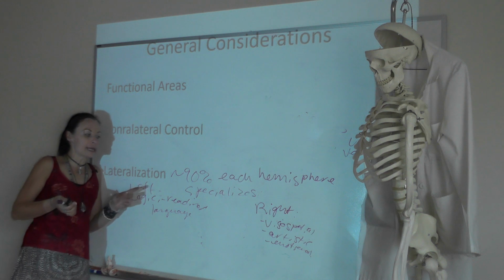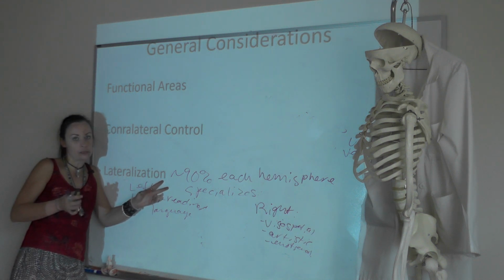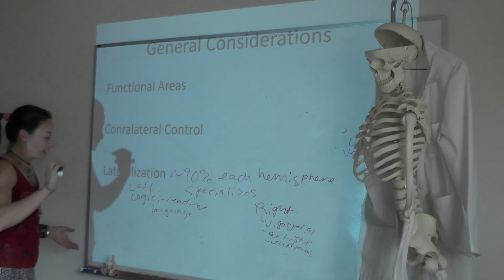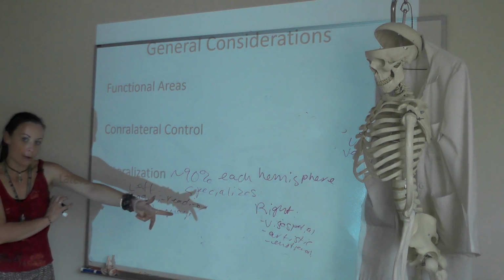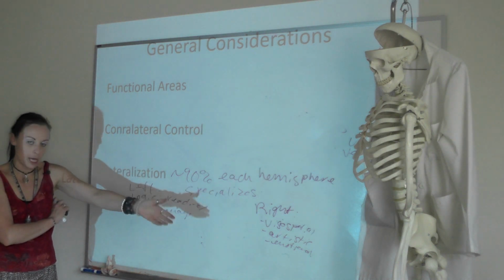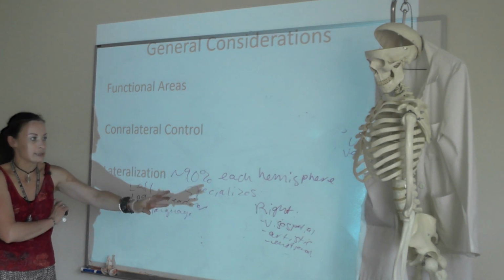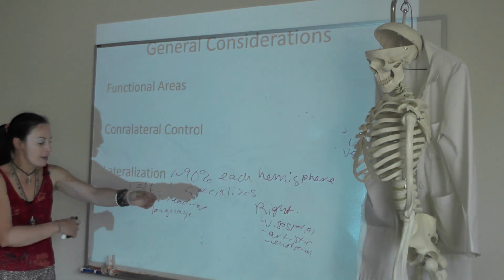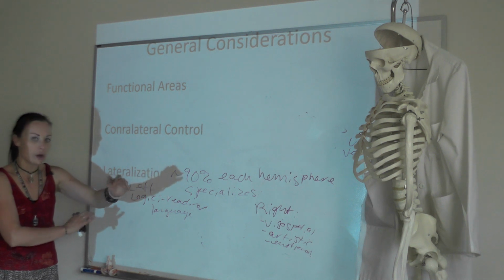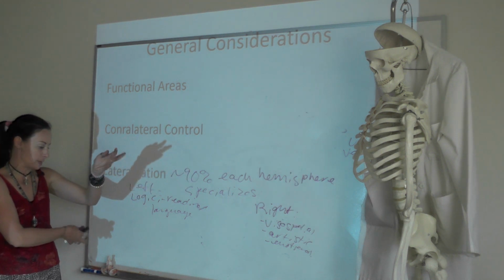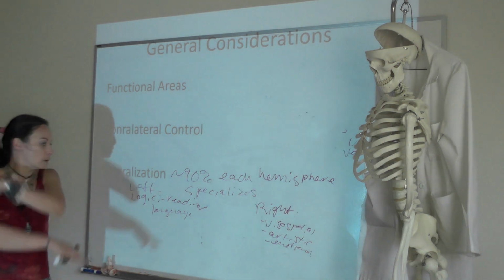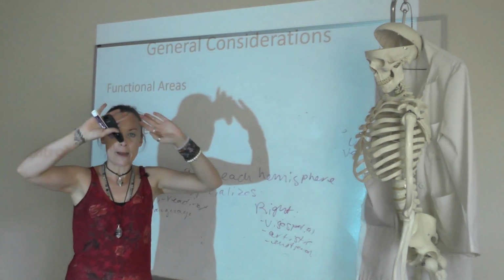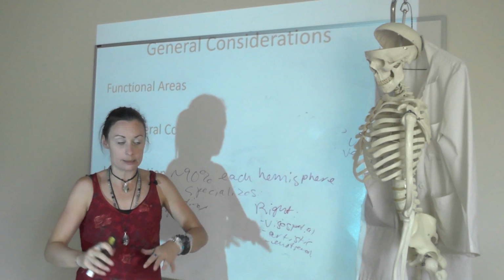So in the remaining 10% of individuals, there's a mix of people who lateralize exactly opposite. So their right brain is controlling language and logic and problem solving and analysis and math and science and all that stuff. And their left brain is doing the art and the poetry and the visuospatial and the feeling. And then there are some people who don't lateralize at all. Everything is happening all over their brains.